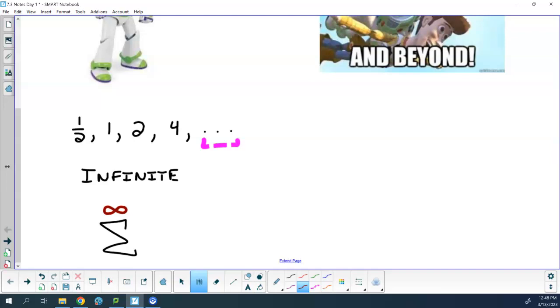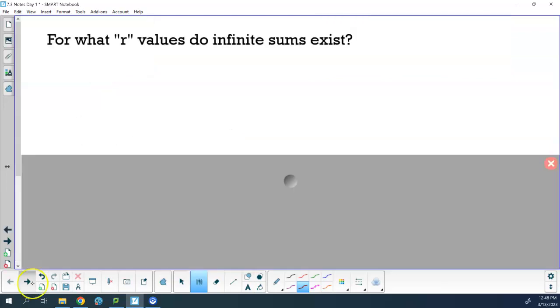Now, not all infinite series have sums. There are certain R values for which infinite sums exist.